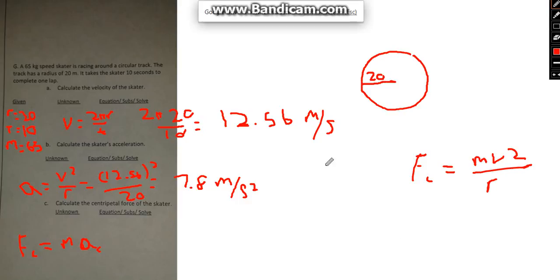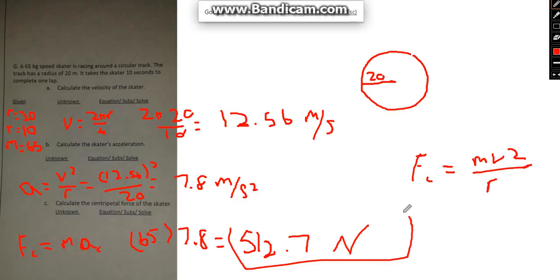We have acceleration, so we don't need to do all of this again. So simply multiply your mass, which is 65, times the acceleration we just solved for, which is 7.8. And you end up getting 512.7 newtons, because this is force. Anything in force has to be newtons. Okay? Alright, that's all of them.